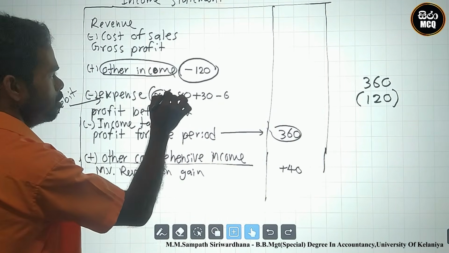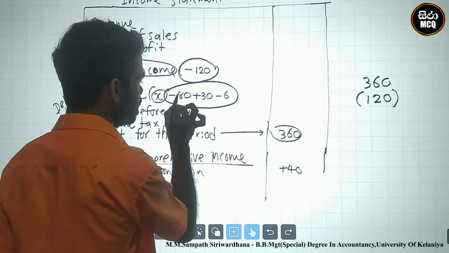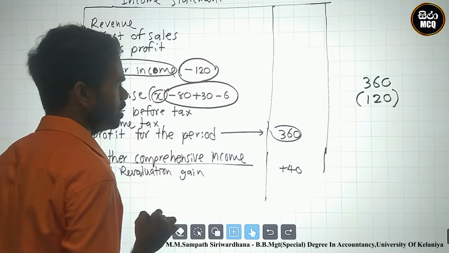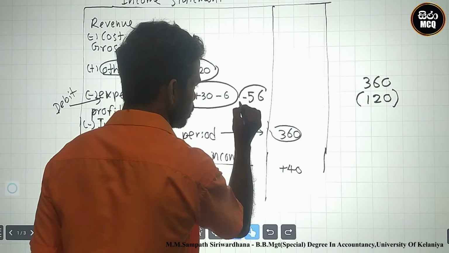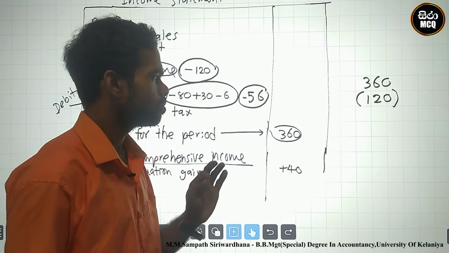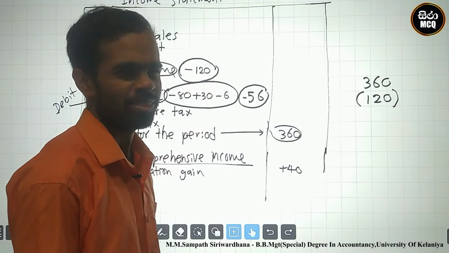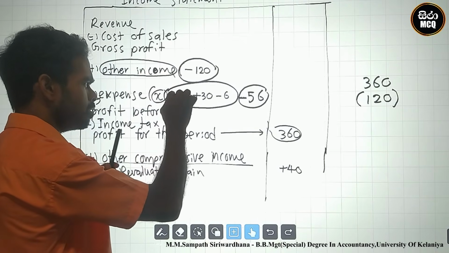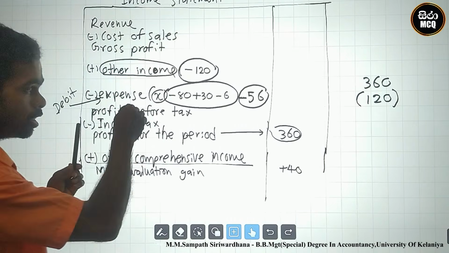After that, I can create the sum of this. What is that? Minus 80, plus 30, minus 6. This is minus 56. Minus 56 means deducting from expenses. Expenses are being eliminated. The minus 80 eliminates this 80 from expense.